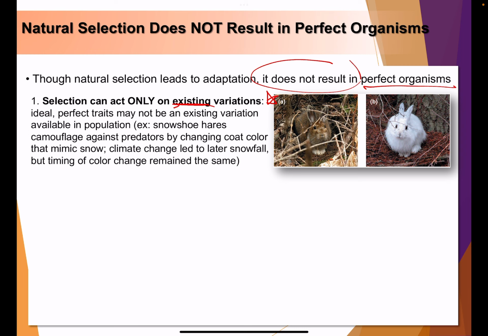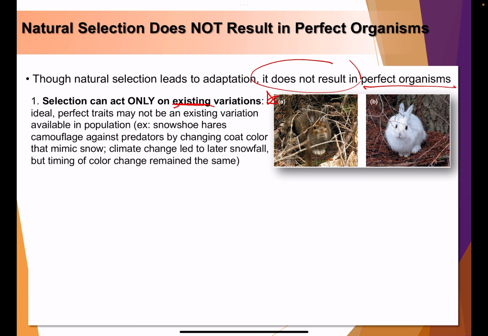And color change adapting to the climate is not an existing variation. If it was, then it would have been perfect. They would change to white according to temperature, for example. When it gets cold, that's when it changes the coat color. Then that would be a perfect variation to have, and they would not be impacted by climate change.